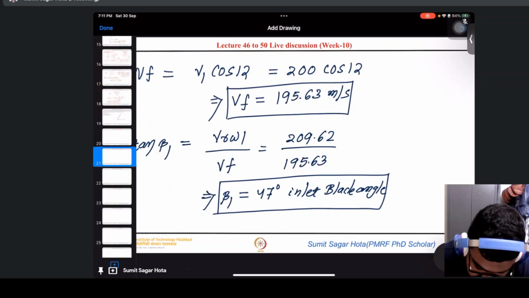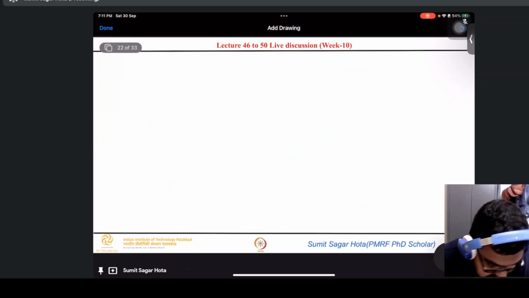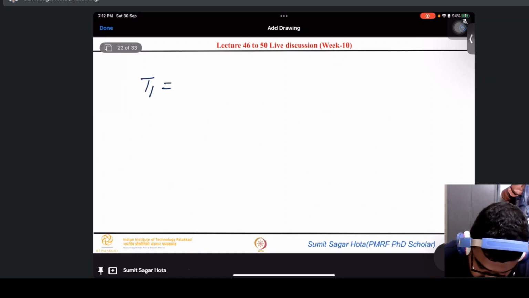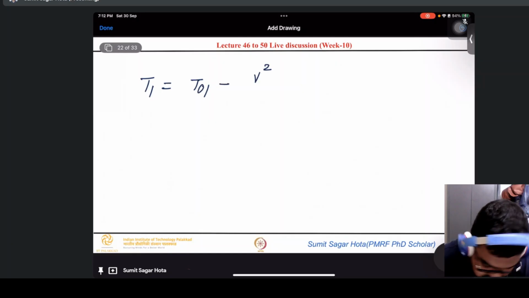Now what is the temperature at the inlet? T1 will be T01 minus B square by 2Cp. What is T01? Ambient temperature 300 given.